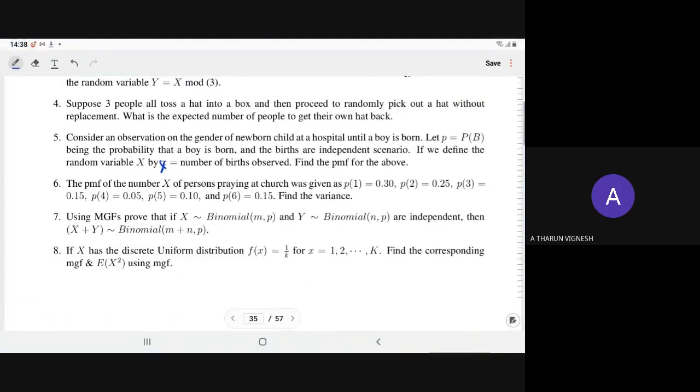So we were doing question number 6. The PMF of the number X, the persons praying at the church, was given.